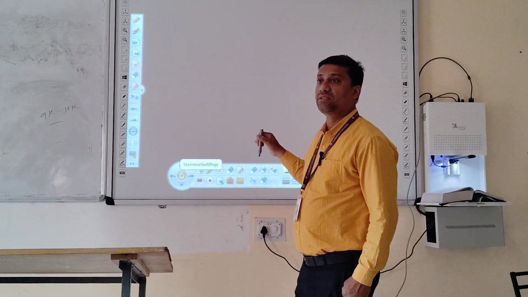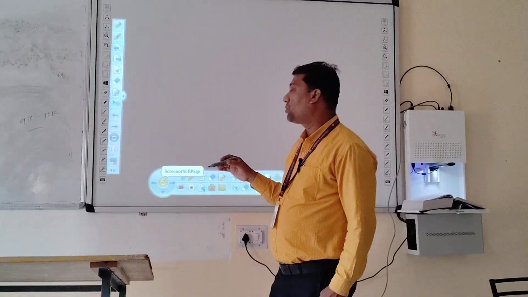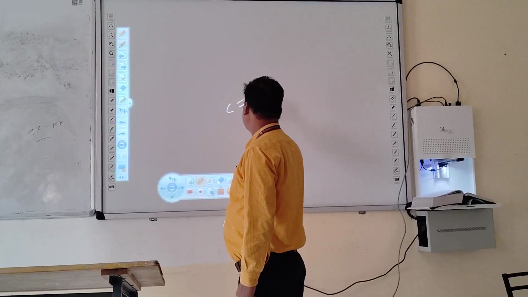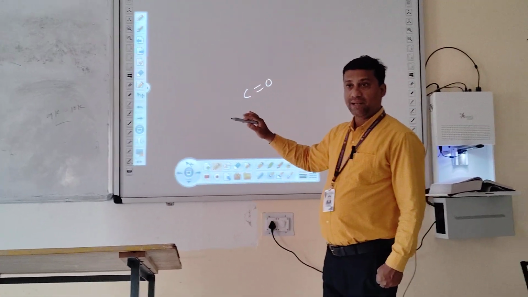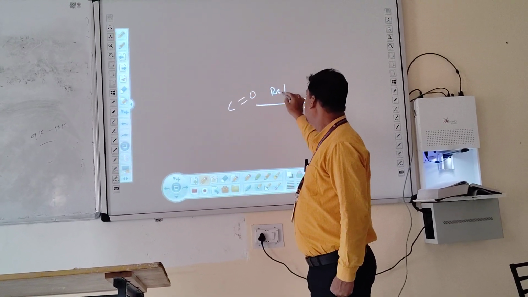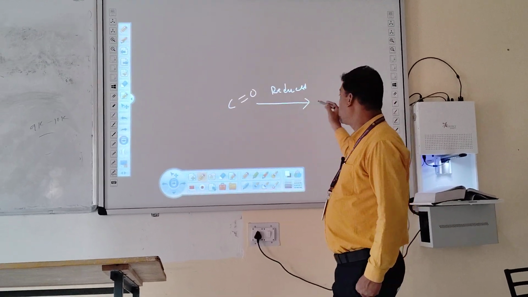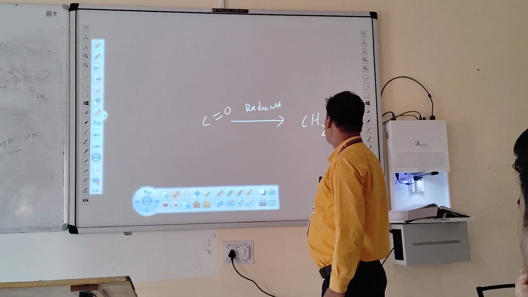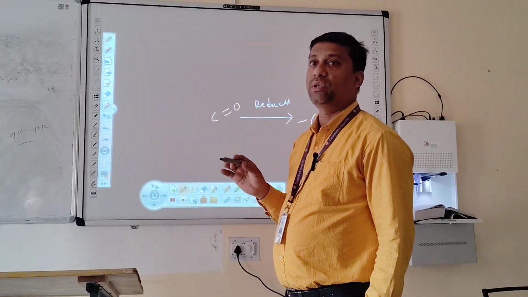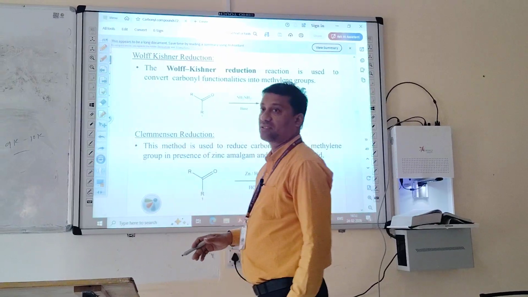In Wolff-Kishner reduction and Clemmensen's reduction, this is the carbonyl group, and this carbonyl group is reduced to the methylene group. This type of reduction occurs in the two naming reactions known as Wolff-Kishner reduction and Clemmensen's reduction.